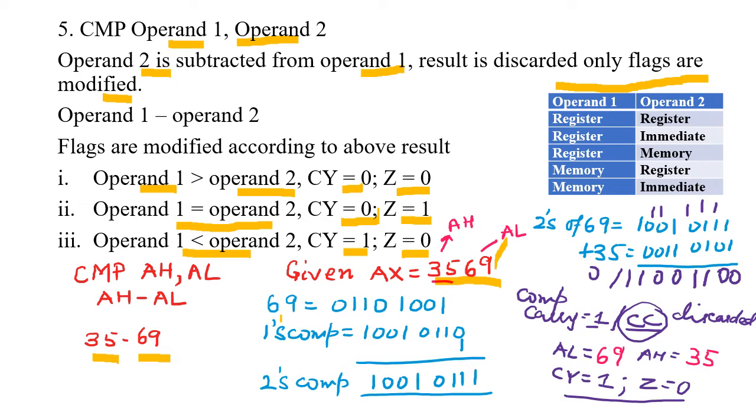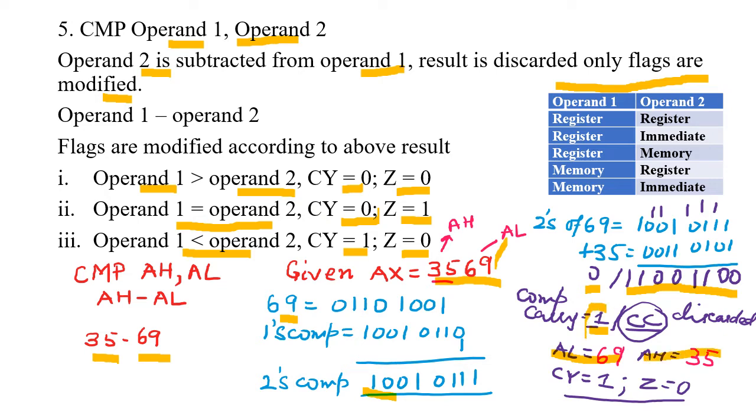So we have to take 2's complement of 69, add 35 to it, and the result is this. Complement carry flag, which gives 1, and here you get 1100, 1100. This result is discarded. AL will still contain 69, AH will still contain 35.